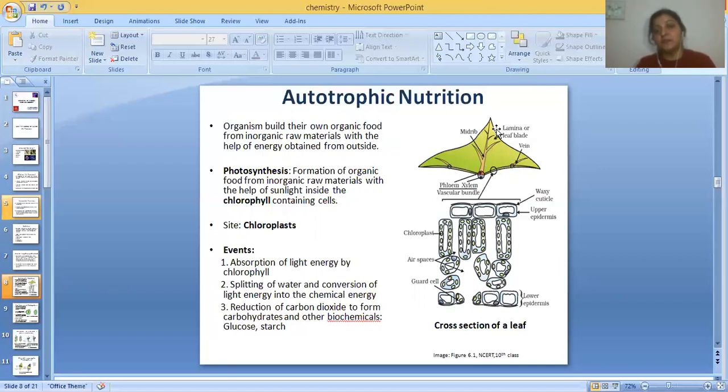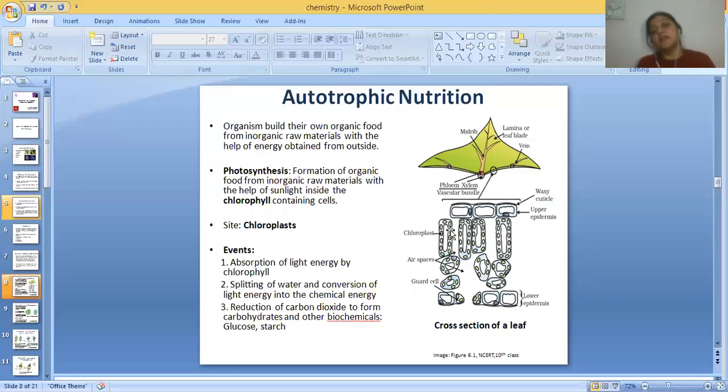This is midrib and vein, and you can find the cross section. It has upper epidermis and the lower epidermis, and in between there's a mesophyll. Now this mesophyll generally contains parenchymatous cells, and these are palisade parenchymatous cells.